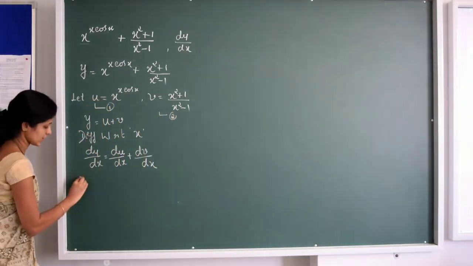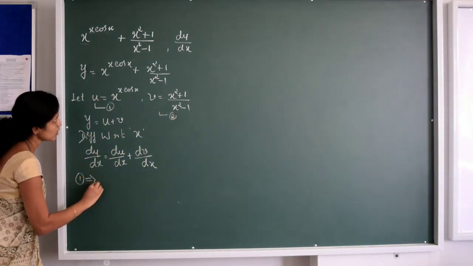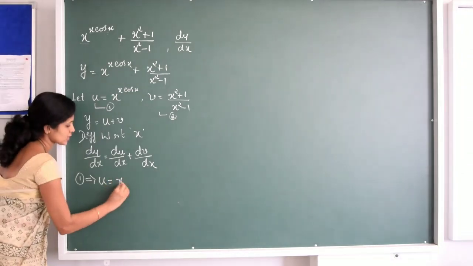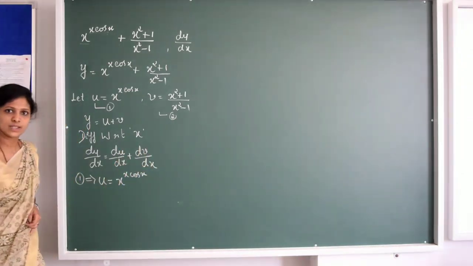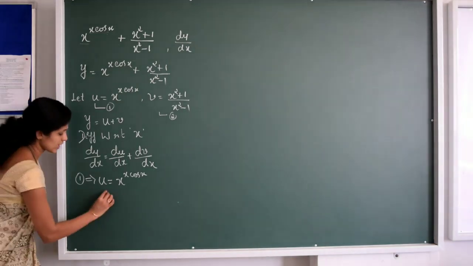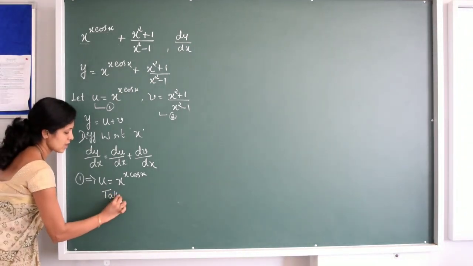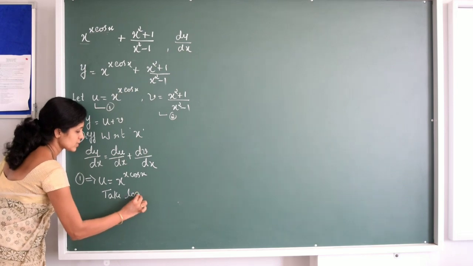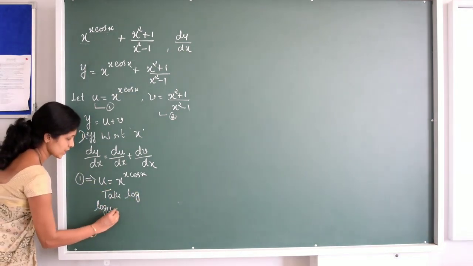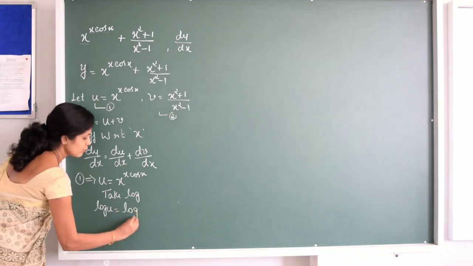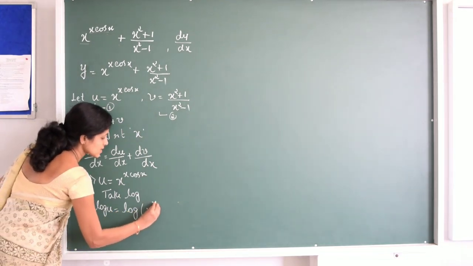Let me consider the first equation: u = x^(x cos x). Directly we can't differentiate this, so you have to take log on both sides. By taking log on both sides, log u = log of x^(x cos x).